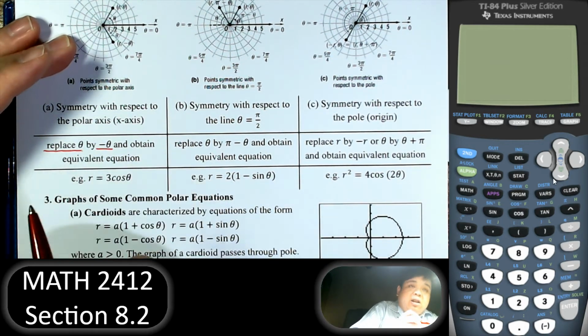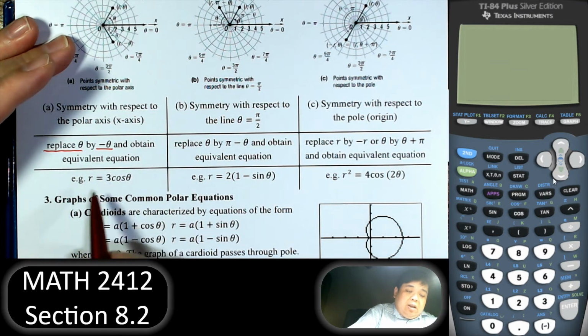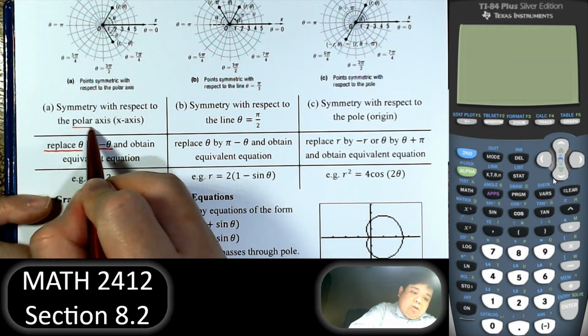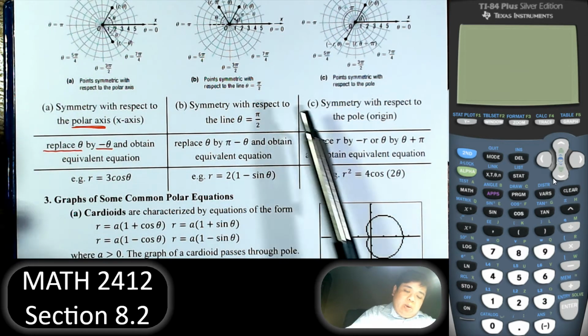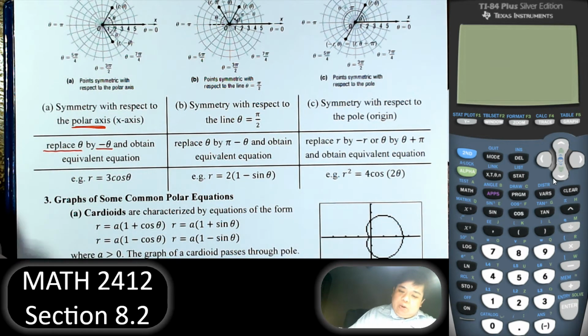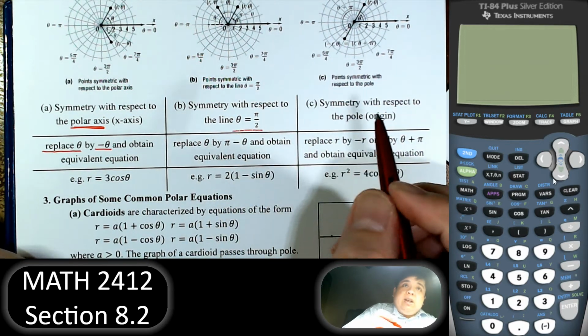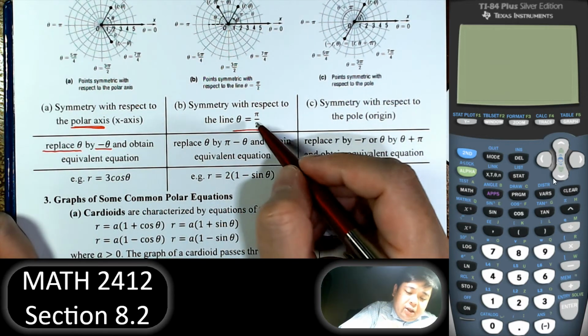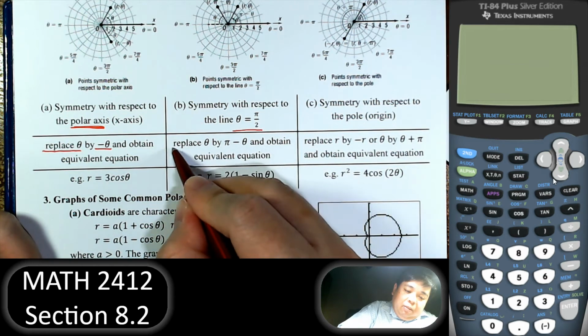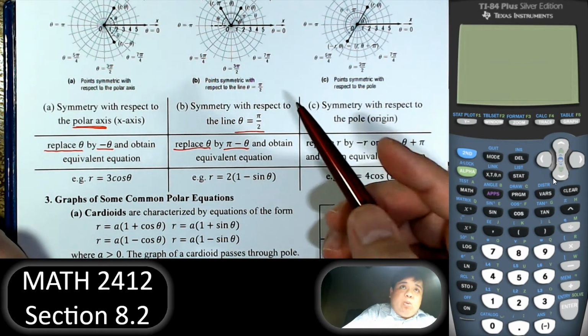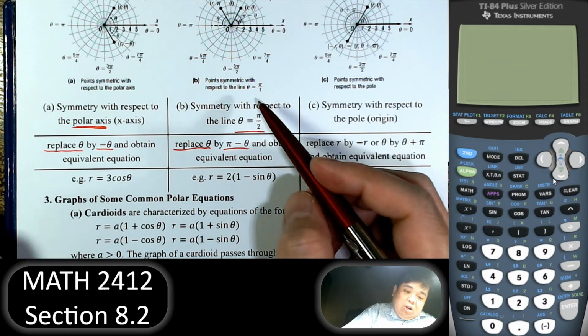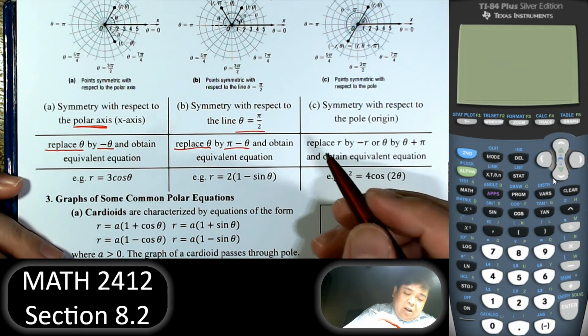Now with respect to the line theta equal to pi over 2, if we replace theta by pi minus theta and we have the same equation, that will be symmetric with respect to the line theta equal to pi over 2.